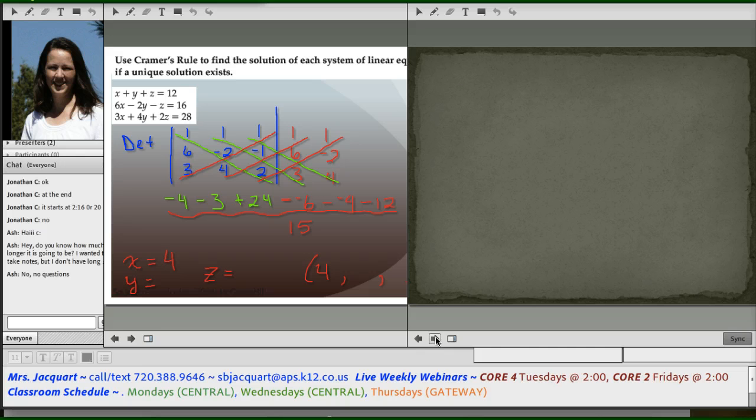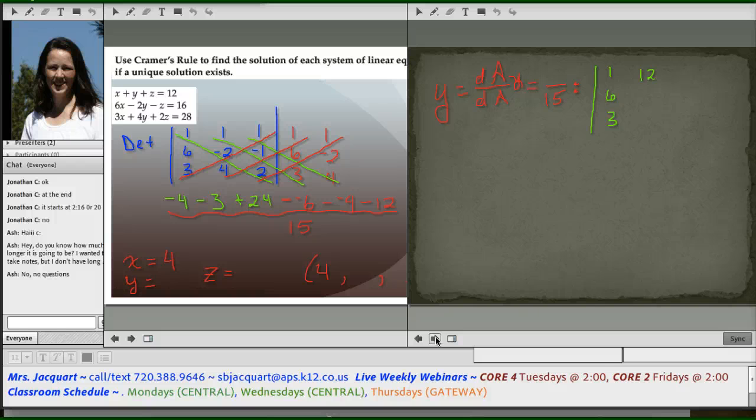So let's do y equals the determinant of A sub y over the determinant of just A. So we already know that's divided by 15. So then we're going to have to figure out what that top part is. So let's rewrite it. We have 1, 6, 3, and then we have to switch the y column out for the equals.